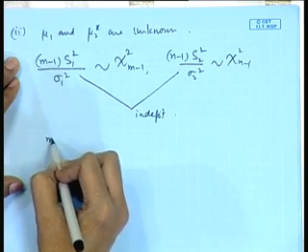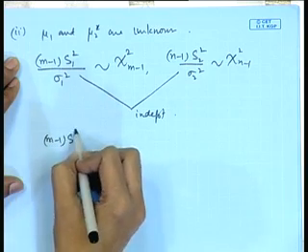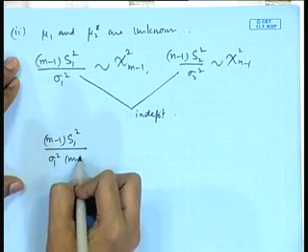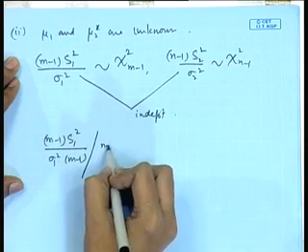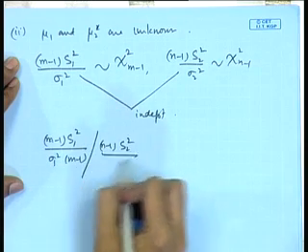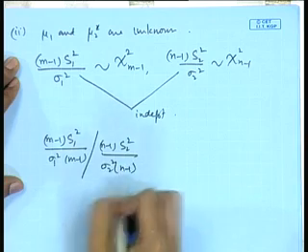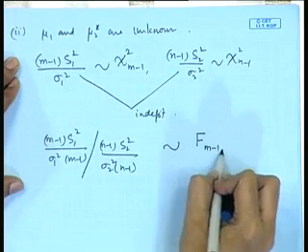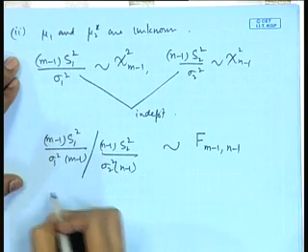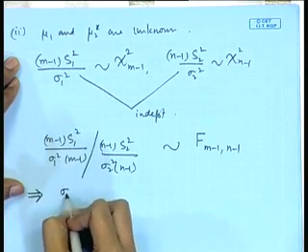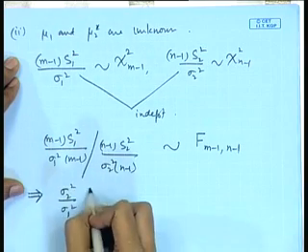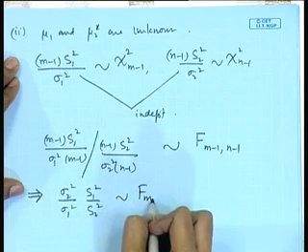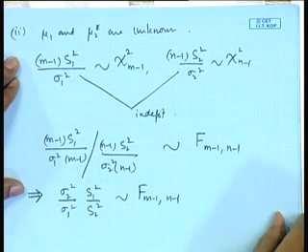So, we can make use of the ratio (m minus 1) S 1 square by sigma 1 square divided by (m minus 1), divided by (n minus 1) S 2 square by sigma 2 square divided by (n minus 1), that will follow f distribution on m minus 1, n minus 1 degrees of freedom, which is reducing to sigma 2 square by sigma 1 square times S 1 square by S 2 square. This follows f distribution on m minus 1, n minus 1 degrees of freedom.